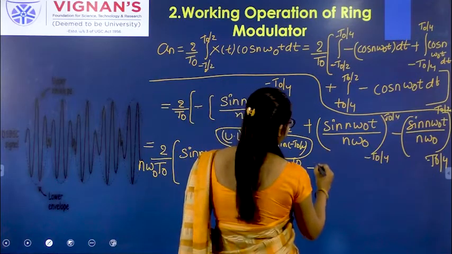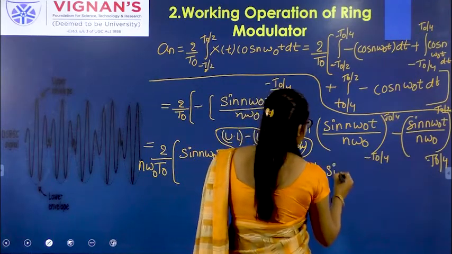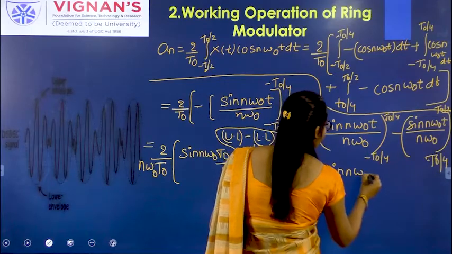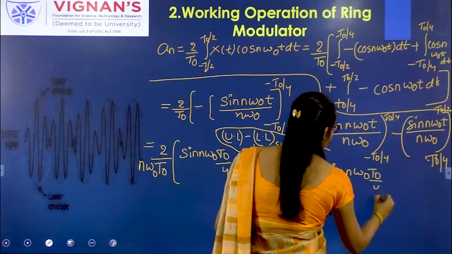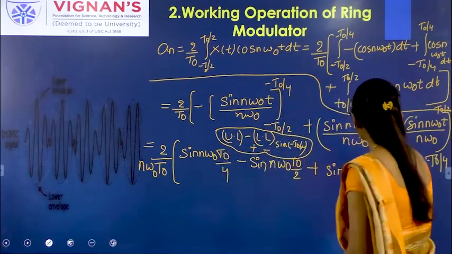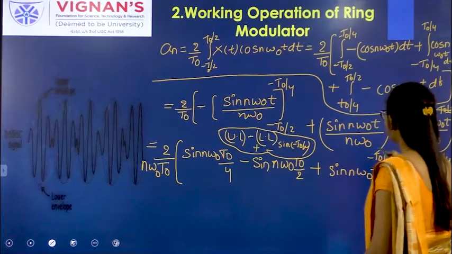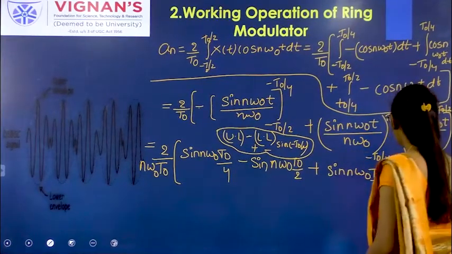So again here plus sin n omega naught T naught by 4, minus of sin of minus theta, you will be getting minus sin theta.